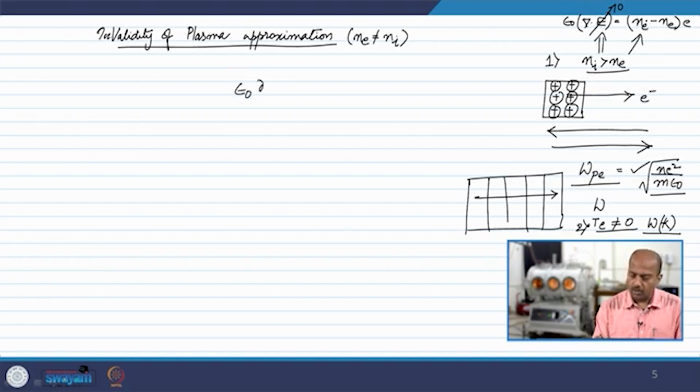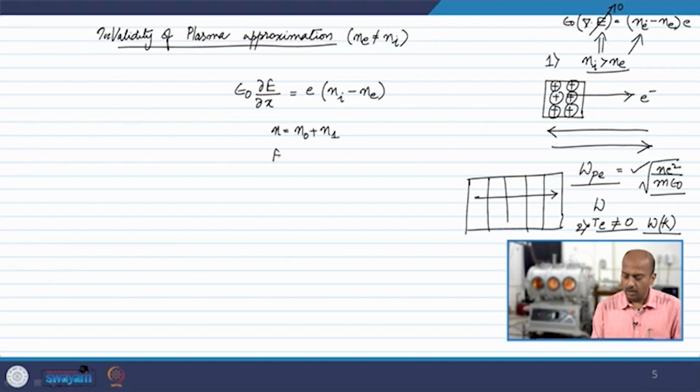Let us say we have epsilon naught dE/dx equals the charge e times (n_i minus n_e). Now, let us define the perturbation variables: n equals n0 plus n1, and the electric field E equals E0 plus E1. Let us substitute these perturbations into the Poisson equation.